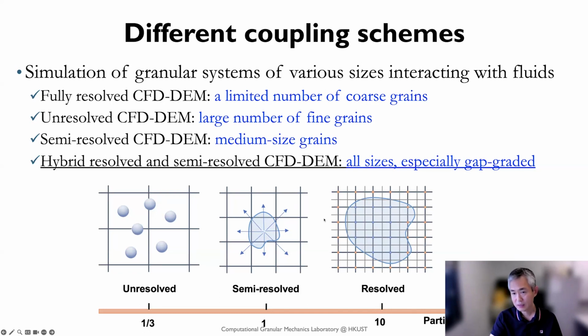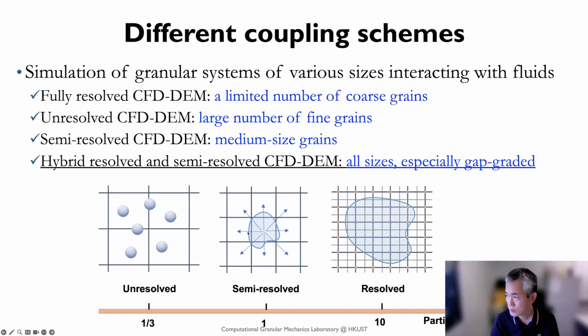Okay, and then there's a gap between unresolved and fully resolved. For example, if our particle size is comparable with the CFD cell, then we call it semi-resolved here. So we have fully resolved on the right, unresolved on the left, and semi-resolved in the middle.